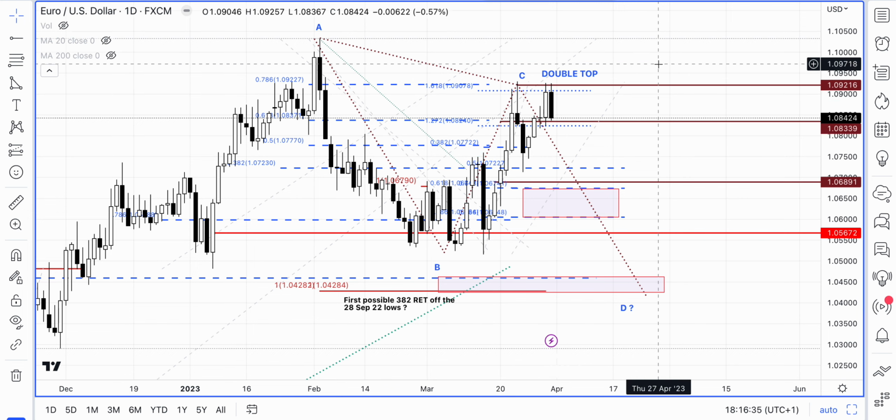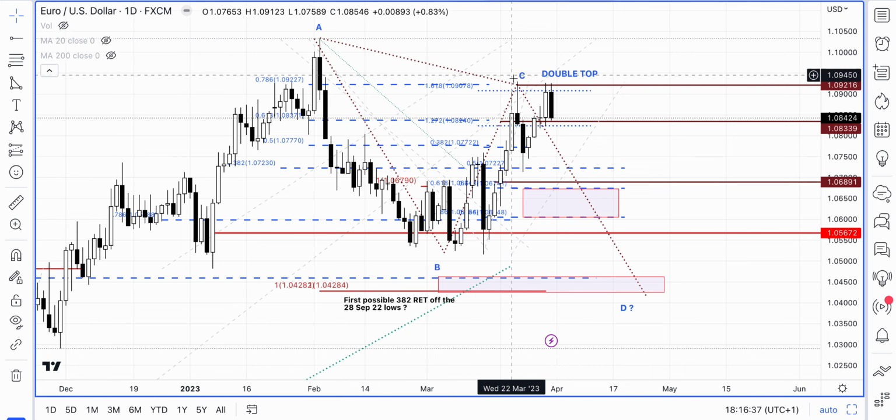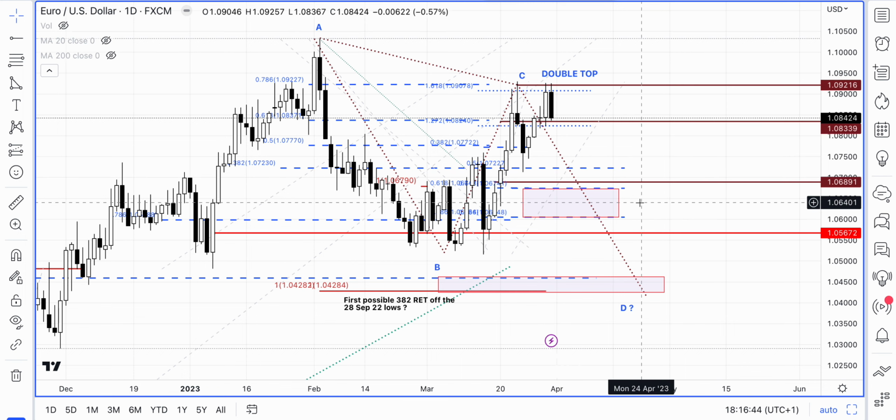Here what has actually happened over the course of last week, the price did not continue moving lower, which we had initially anticipated, and we had actually drawn this region where the price could actually move to.